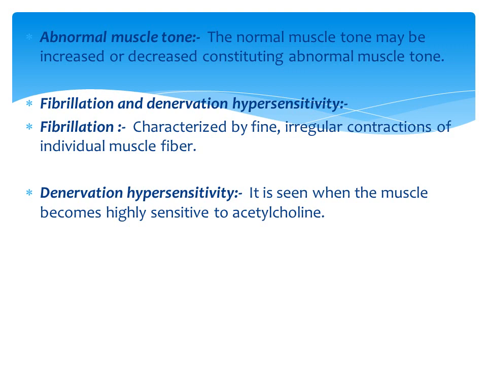Fibrillation and denervation hypersensitivity. What is it? Fibrillation is characterized by fine irregular contractions of individual muscle fibers, and denervation hypersensitivity refers to when the muscle becomes highly sensitive to acetylcholine.